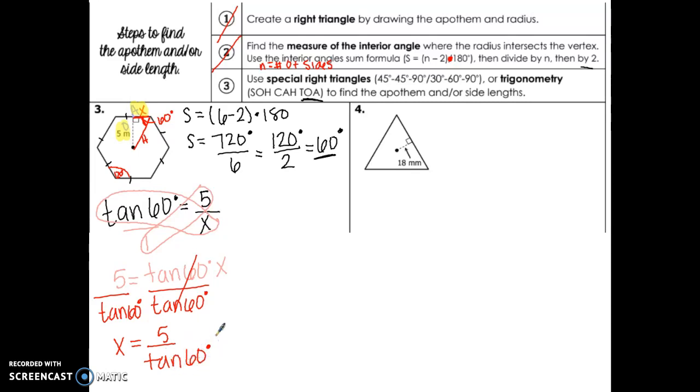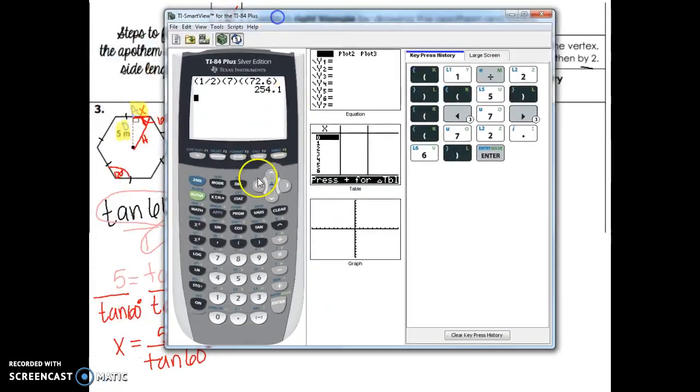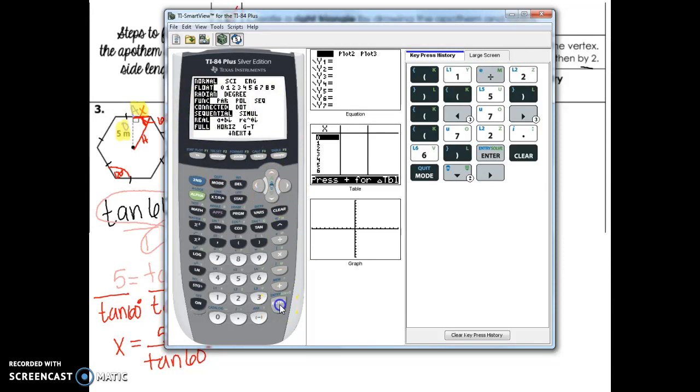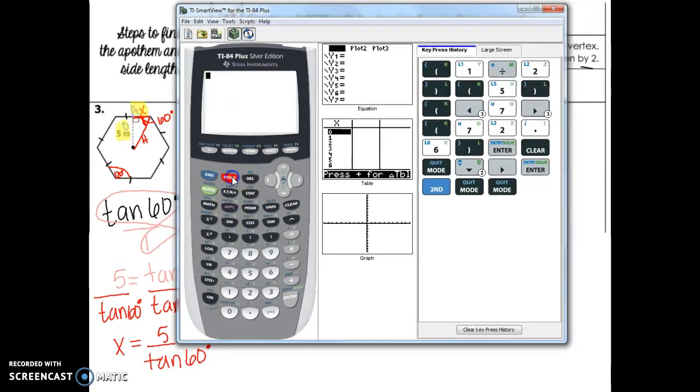So one thing before we go ahead and solve for that is you do have to change the degree mode on your calculator. So go to mode, go down to radian, over to the right, make sure degree is highlighted and blinking. Okay, so change your degree mode. Again, go to mode, go down to over 1, click enter, degree should be highlighted and blinking.